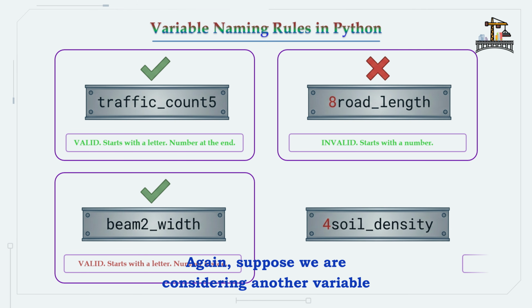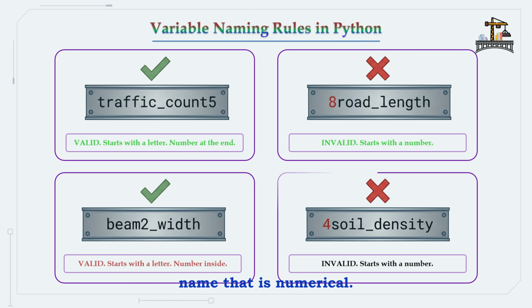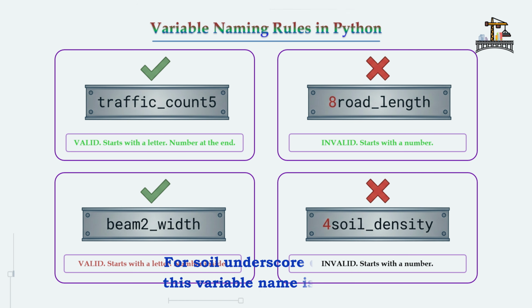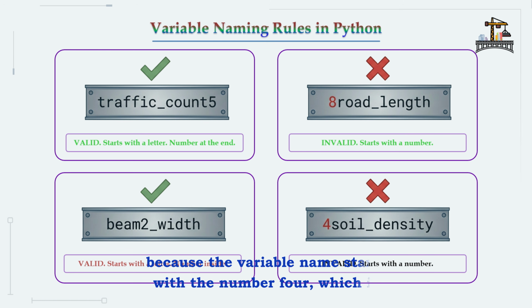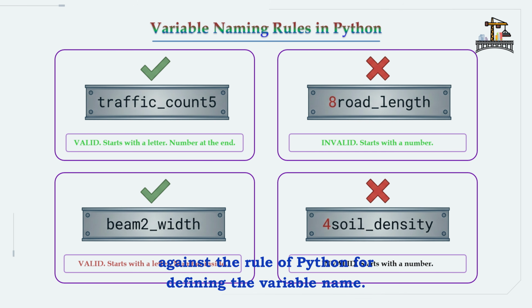Again, suppose we are considering another variable name, that is 4soil_density. This variable name is invalid because the variable name starts with the number 4, which is against the rule of Python for defining the variable name.